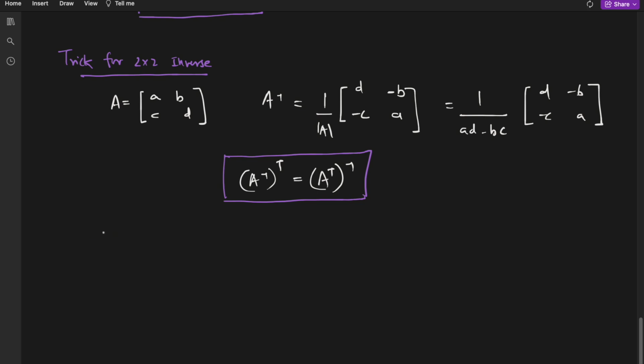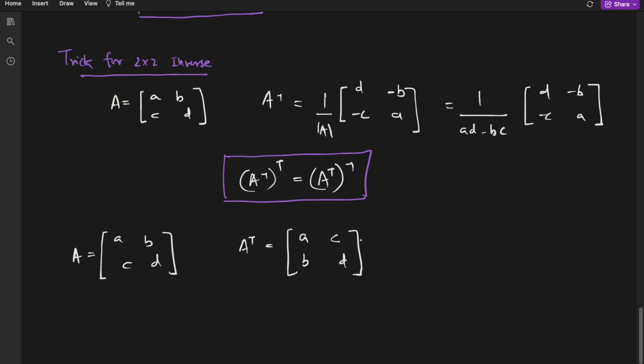Okay. By the way, if any one of you don't know what is transpose, I will just tell you that for example, if you have this matrix A, B, C, D, then taking transpose is nothing but you swap the rows with columns, right? So this is the column AC. It will become a row. The column BD will become the second row.